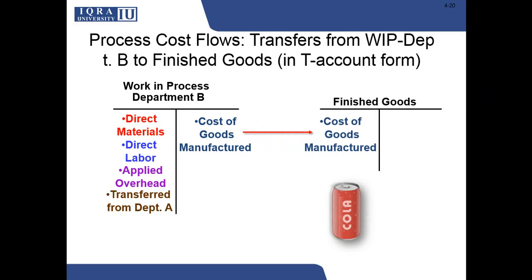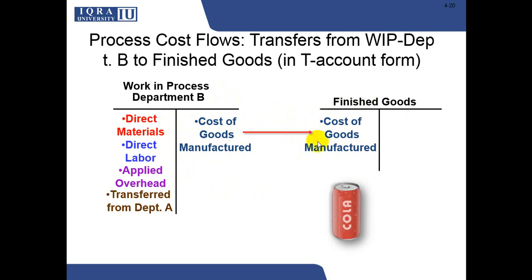Okay. Process cost flow: transfer from work in process department B to finished goods, right? In department B, the goods are transferred. It means the cost of goods manufactured. We know that we get the cost of goods manufactured from the WIP account, right? So we will transfer this cost of goods manufactured to the finished goods account, or we can say to the warehouse, right?